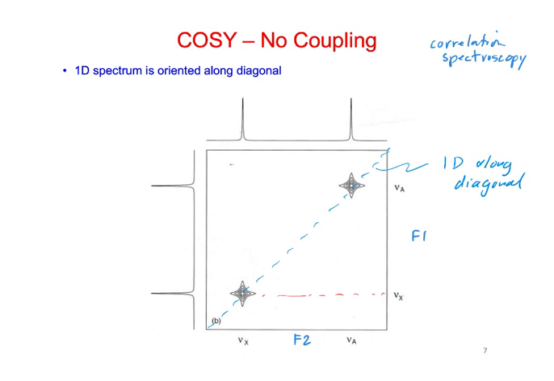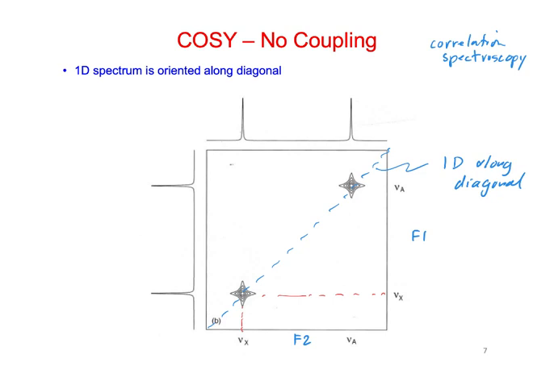This one has frequency x in this dimension, frequency x in this dimension. So the diagonal is where each of these peaks has the same frequency in both dimensions. If we just have a bunch of single peaks like this, it doesn't really help us that much.